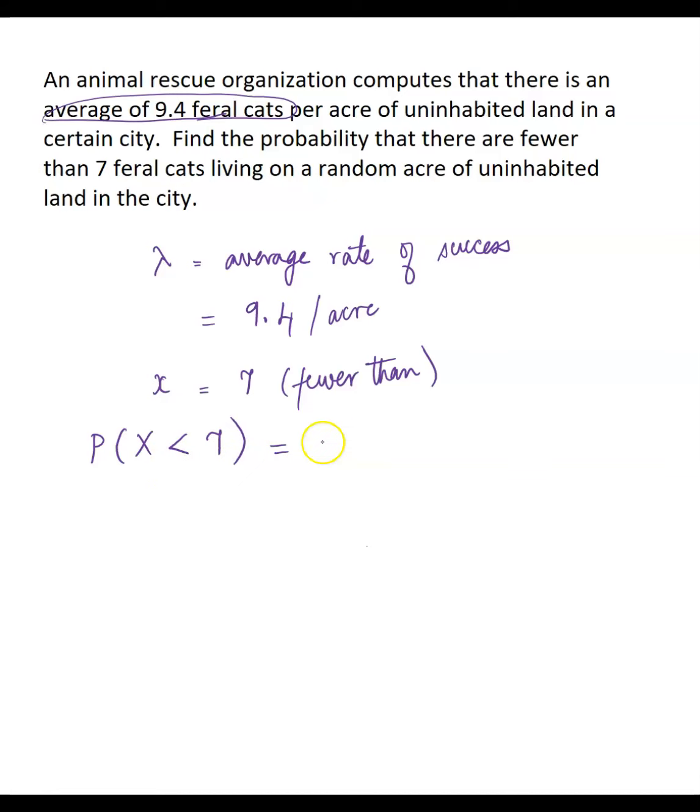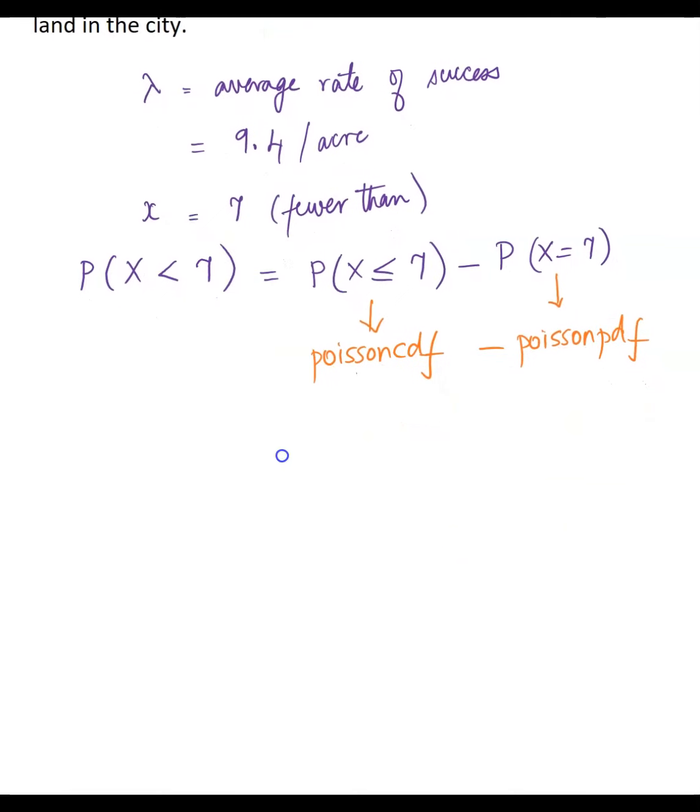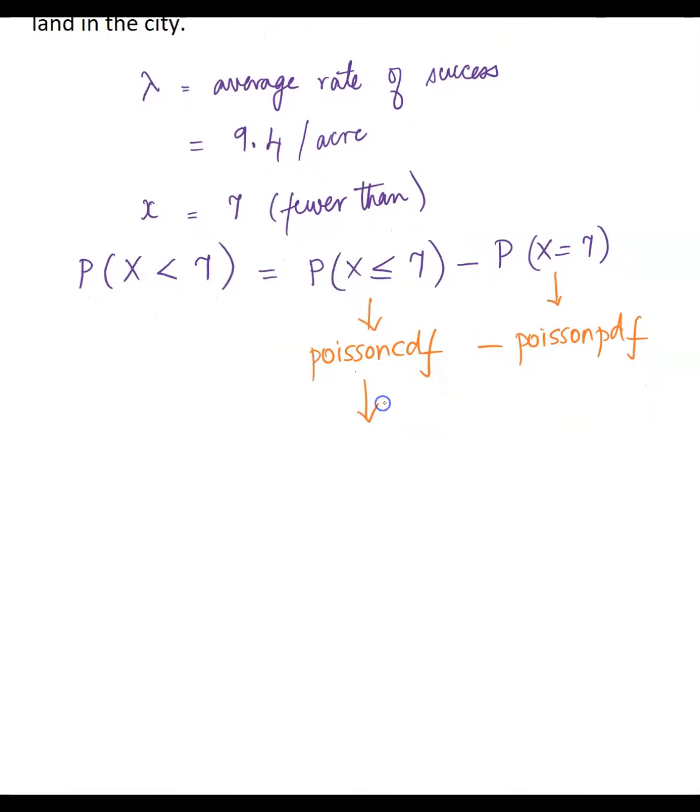So what I have to do is find when it is less than or equal to 7 and subtract from it when it's exactly equal to 7. That way I can use the Poisson Cdf here minus Poisson Pdf. Okay, so remember to follow the same steps in your calculator.